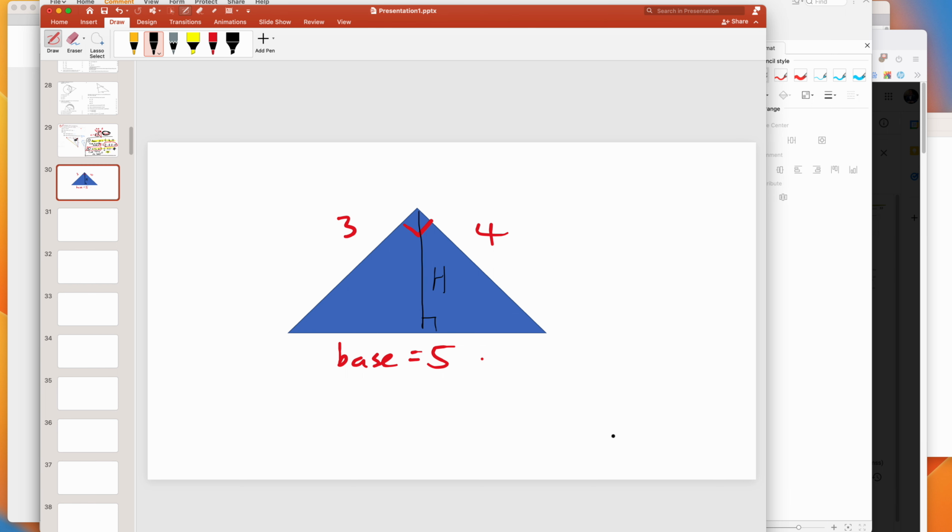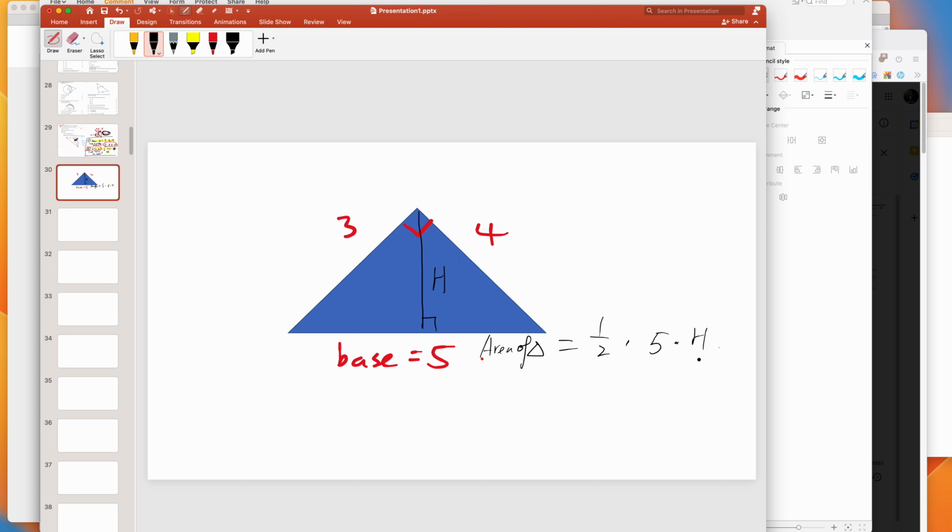So you use the formula. Area of triangle is equal to half times base, in this case 5, times the height. That can give you the area of triangle, right? But in this case, the h is not given, which I need to find, right?